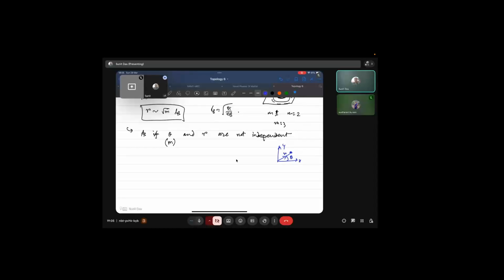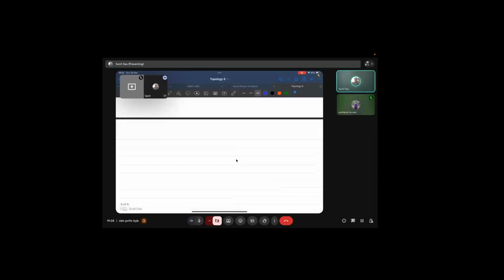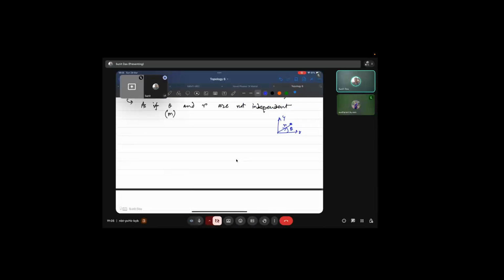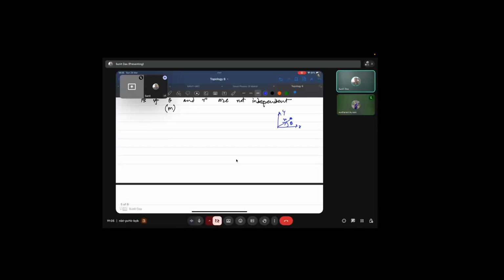Now, to understand this picture better, the quantization of plateaus and how the edge plays a role, we go to a geometry called the Corbino geometry.